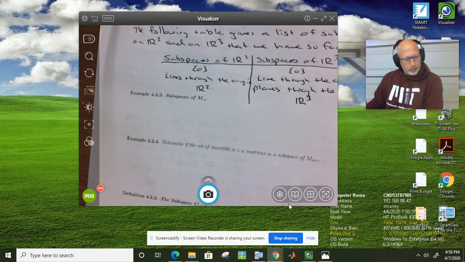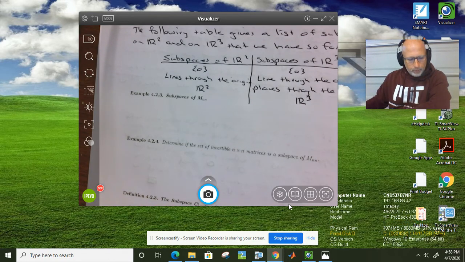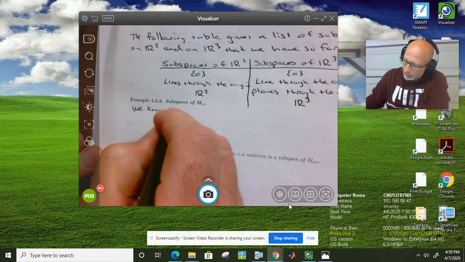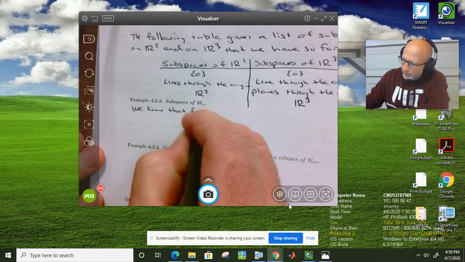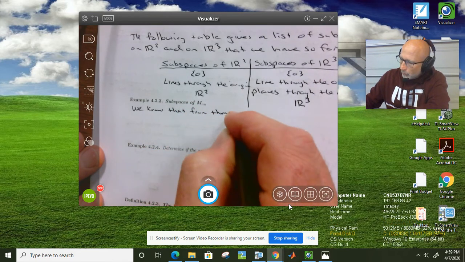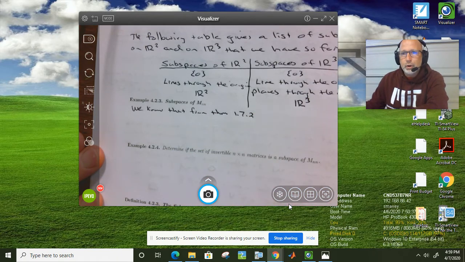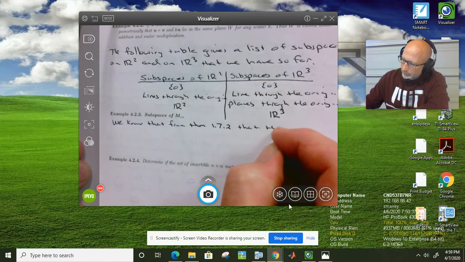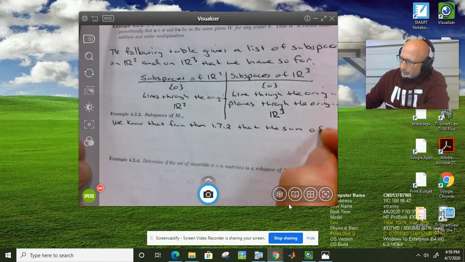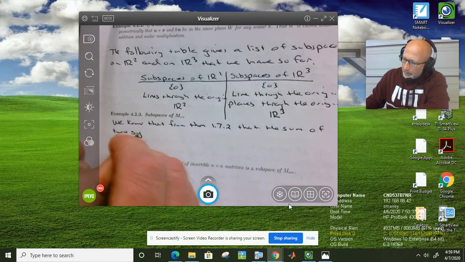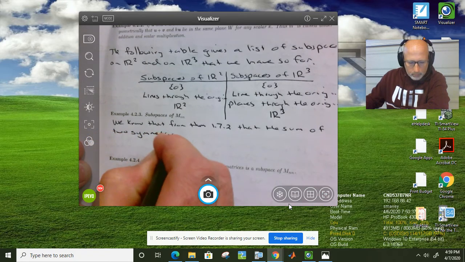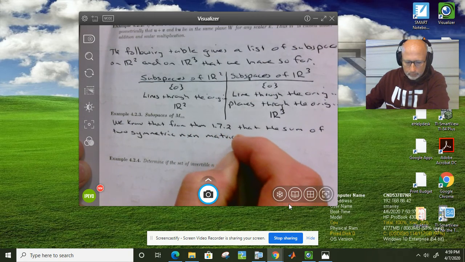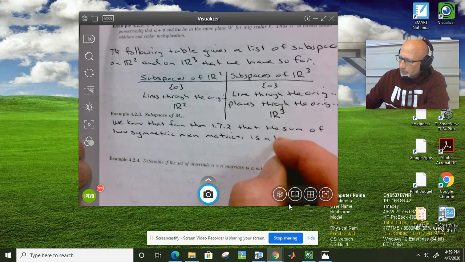An n by n matrix. Here's what we know from theorem 1.7.2, and I leave it to you to go back and look that up, that the sum of two symmetric n by n matrices is also symmetric.